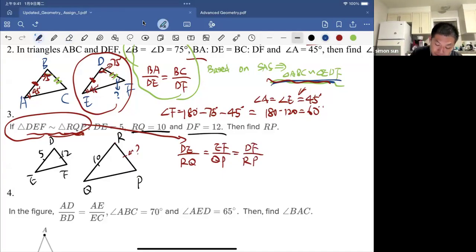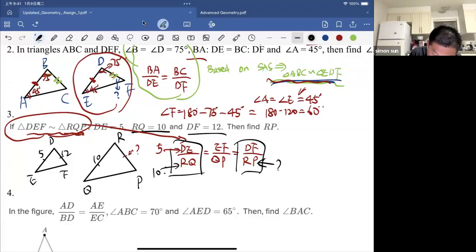Now we can just use this. DE is 5, RP is what we need to calculate, RQ is 10, and DF is 12.